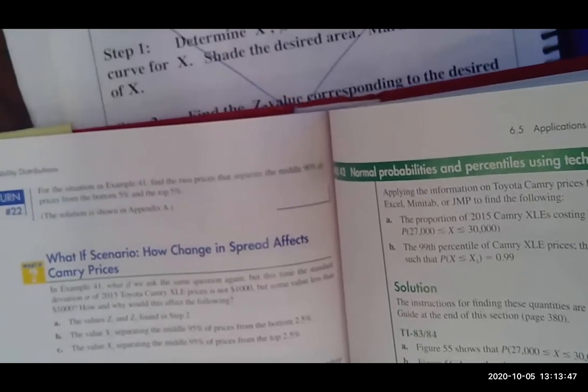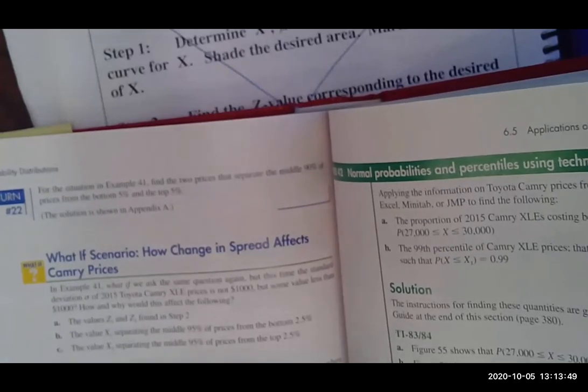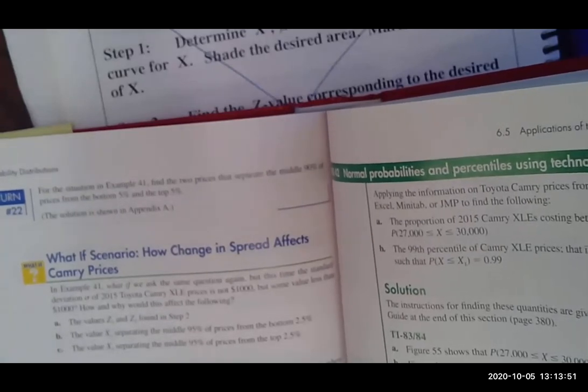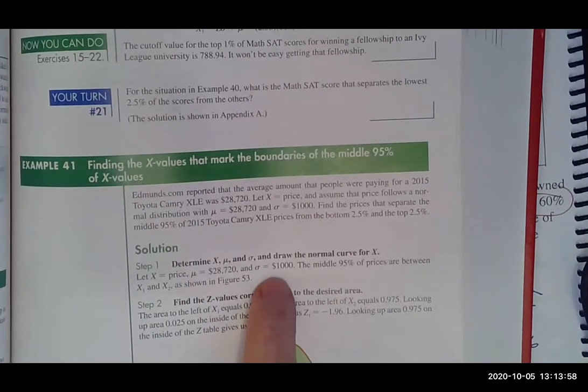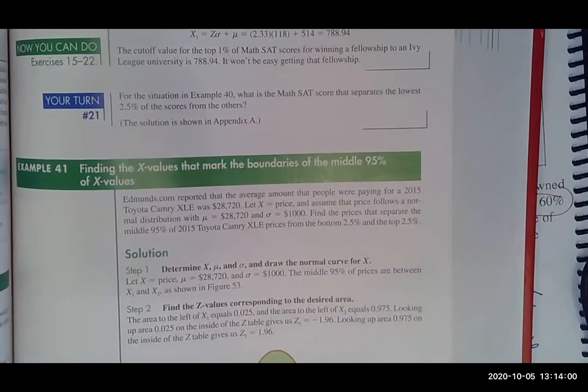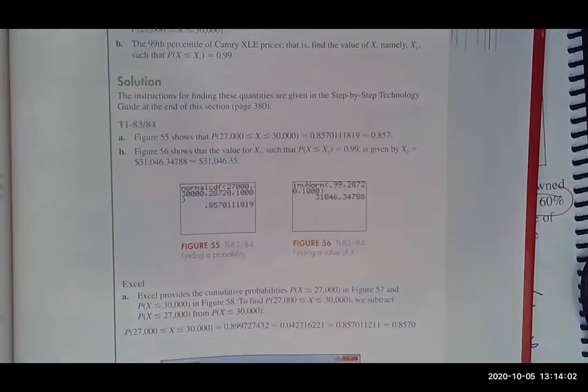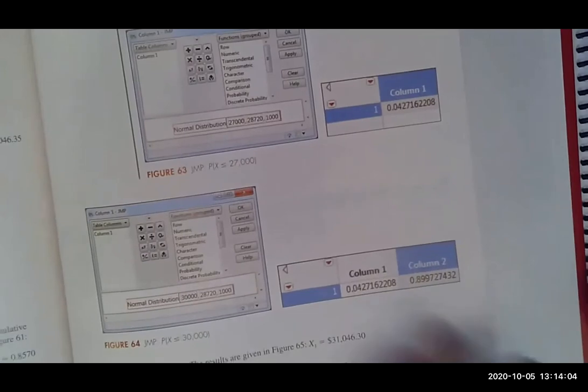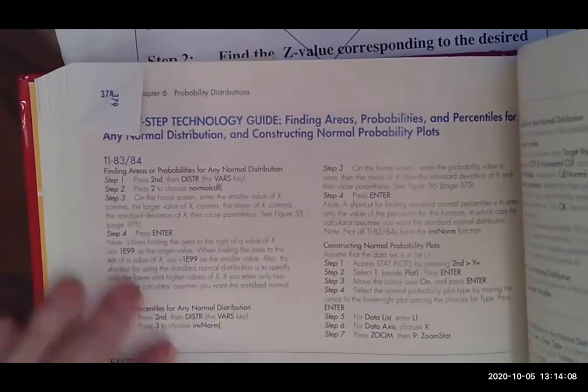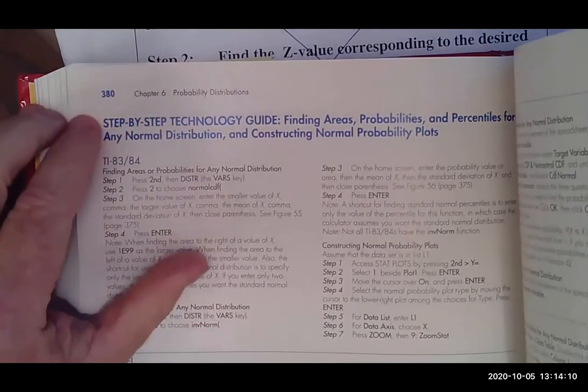I'm looking to see if the problem just before it says it's the standard deviation. Going back, oh yeah, okay, here it is, the previous page, thousands. So in your inverse norm, your instructions are back here. Look at page 380.